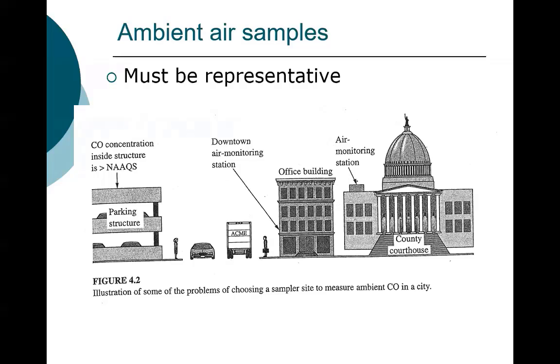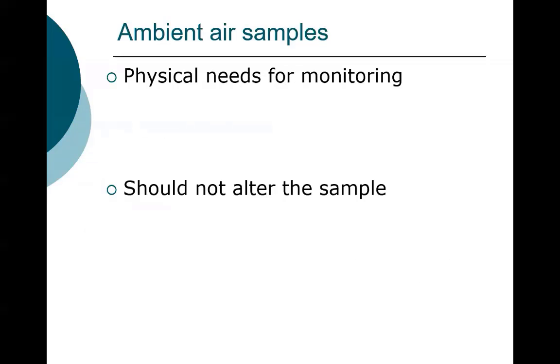So typically with carbon monoxide, we would want it located about 3 meters off the ground. We want it located, in this case, downtown near the source so that we can get a sample that's representative of the exposure.